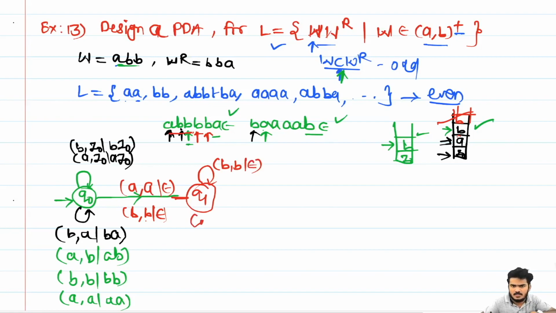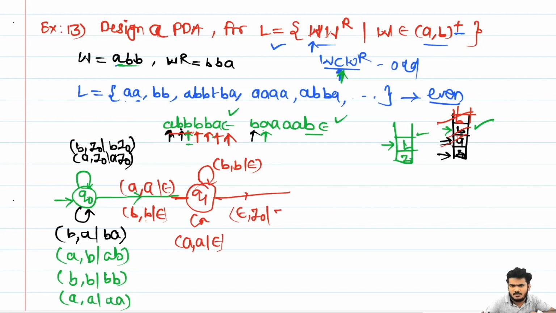Similarly after I pop this B, I am left with A and the top of the stack is also A, so A on A I have to pop. So finally I will get epsilon in the input string, and the top of the stack becomes Z0.